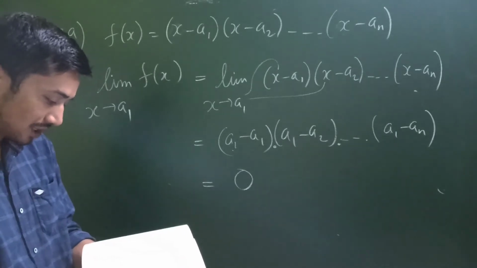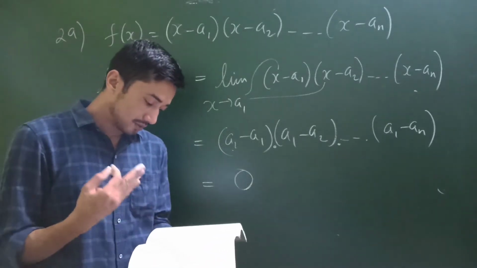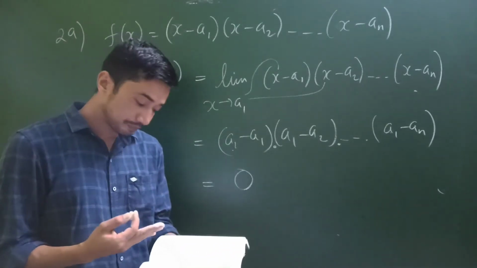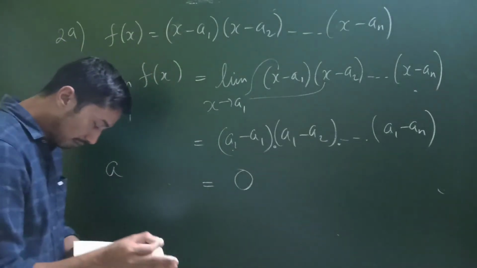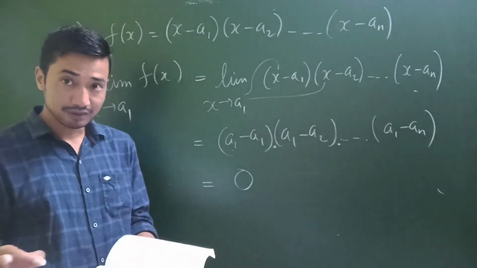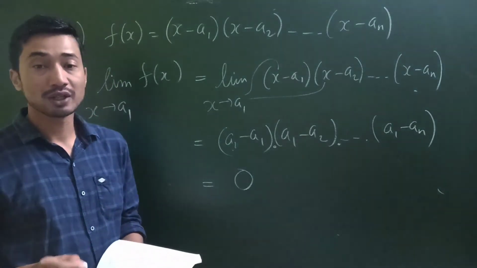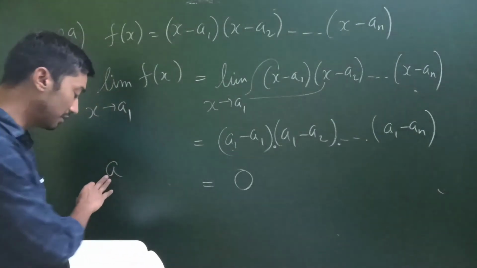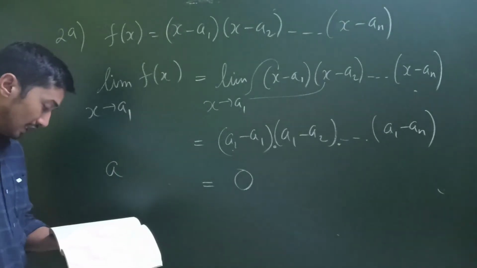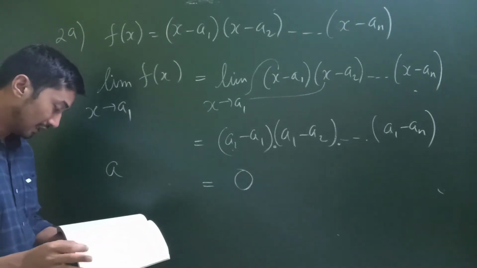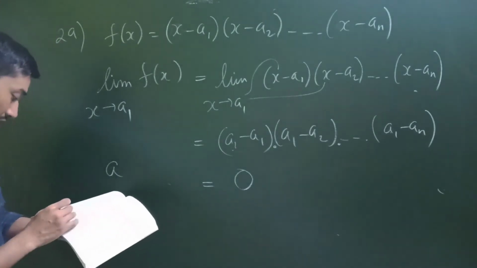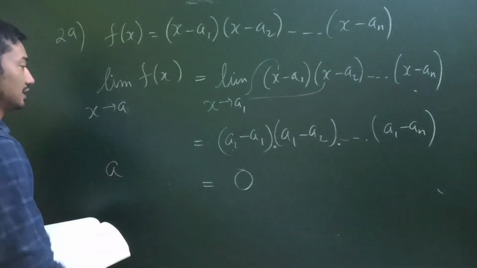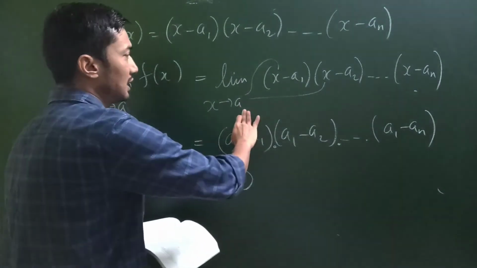What is the next question? Also, for some value of a, keeping in mind that a is not equal to any one of the values, that is, a is a different value compared to a1, a2 and an, compute the limiting value of the function as x tends to a.